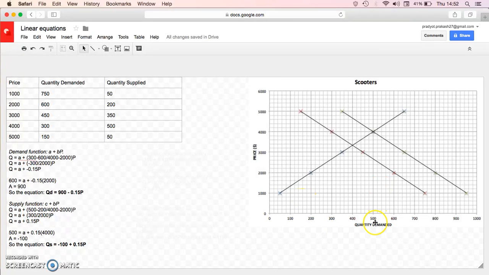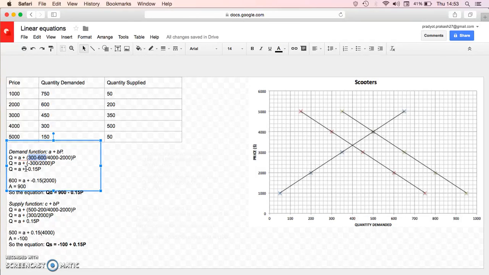This means that the x value depends on the y value. So in this case, the quantity demanded depends on the price, not the other way around as in traditional graphs, where the y value depends on the x value. So essentially, we have to do the change in x over the change in y rather than the change in y over the change in x. So we have to do run over rise rather than rise over run.